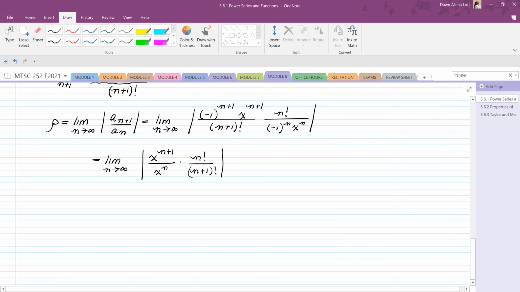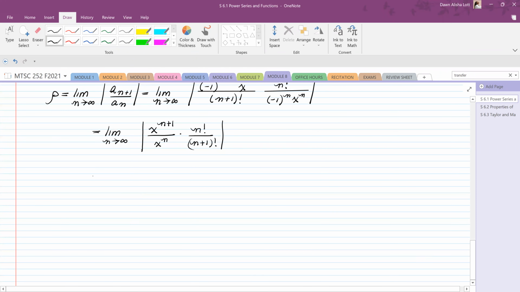Okay, so this is the limit as n approaches infinity. So now this becomes the absolute value of x to the first power, because x to the n over x to the n divides out. It leaves 1x, and that 1x is still stuck inside the absolute value.